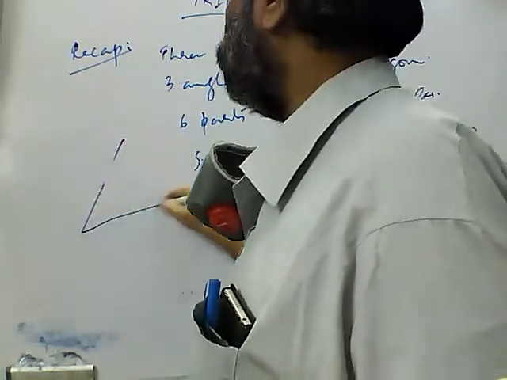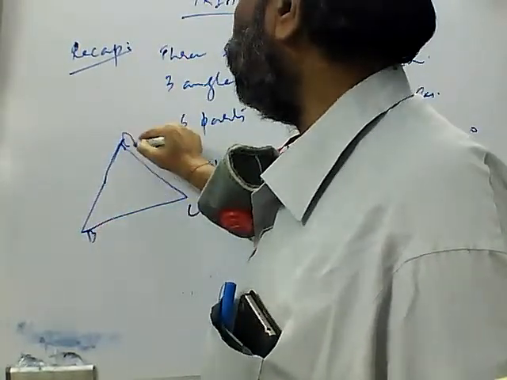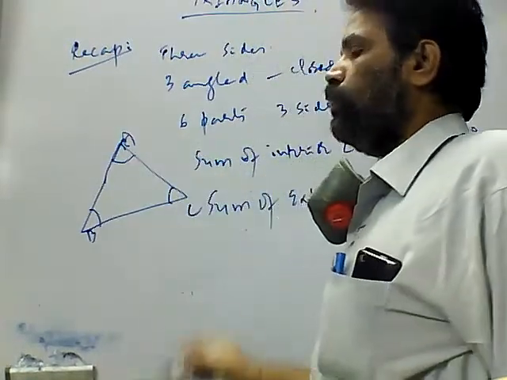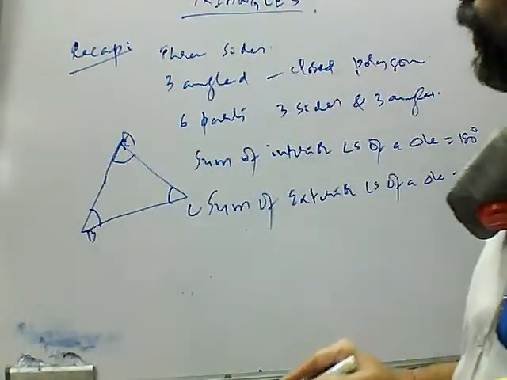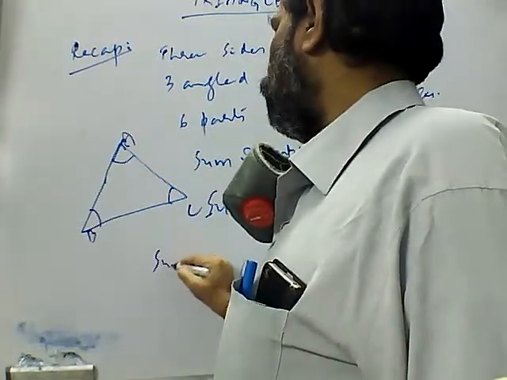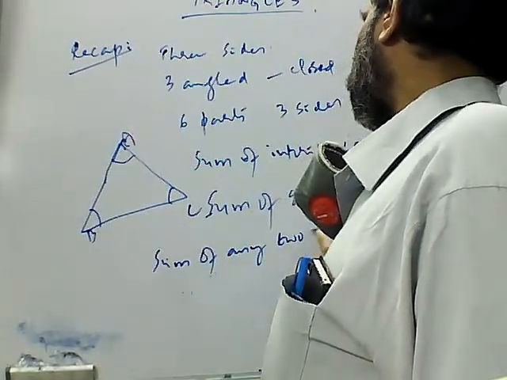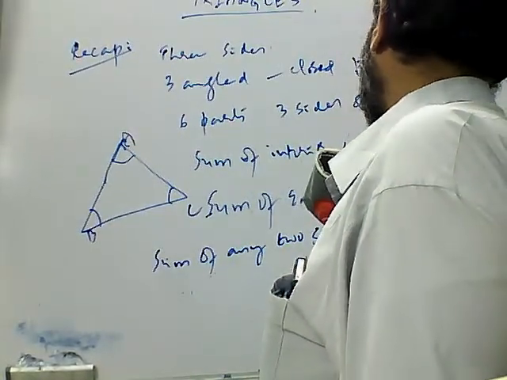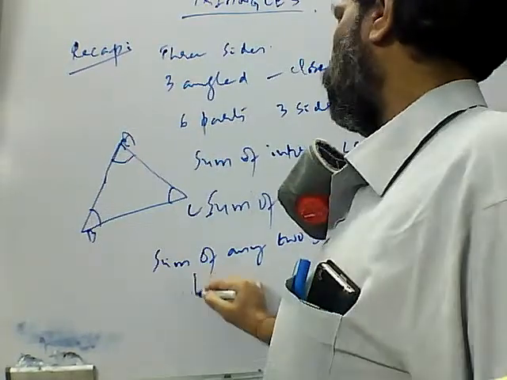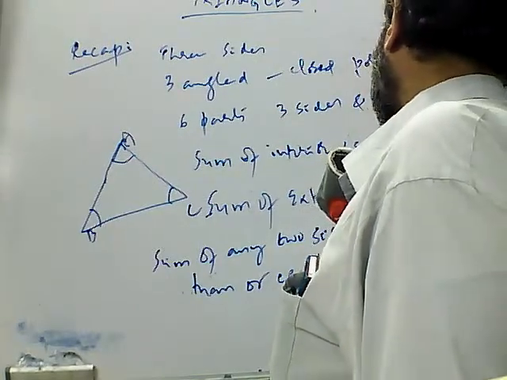If you take the triangle like this, you can name it with vertices. So these are called the interior angles, and this sum must be equal to 180 degrees. Now one more condition for the existence of a triangle is that the sum of any 2 sides must be greater than the third side.